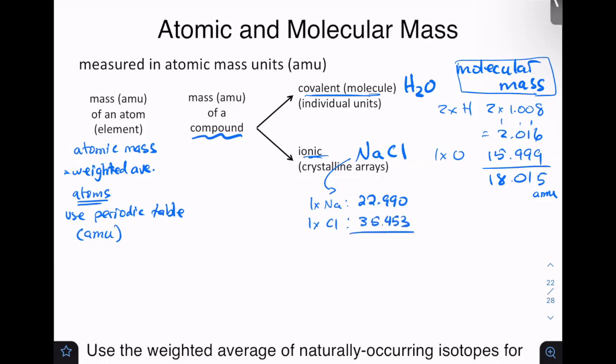You add them up, 58.443 AMU. Now, in this case, though, we're not going to call it the molecular mass.